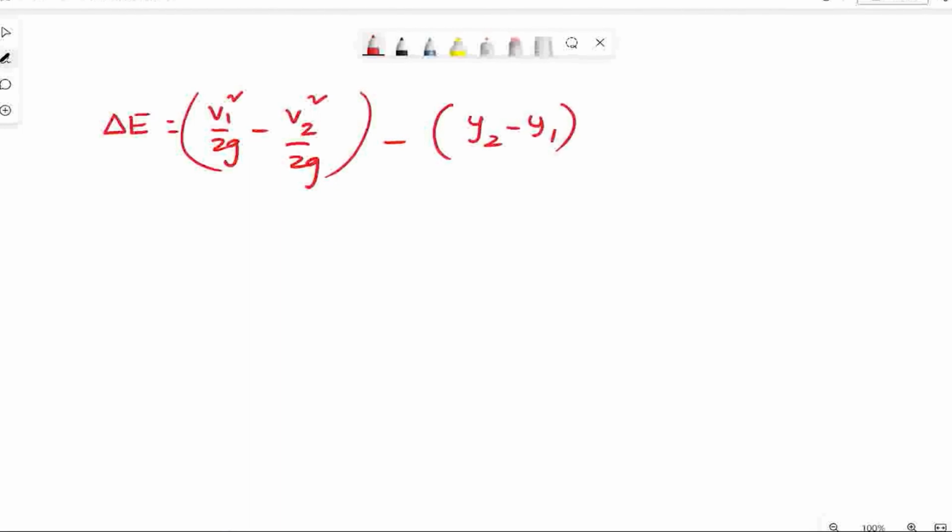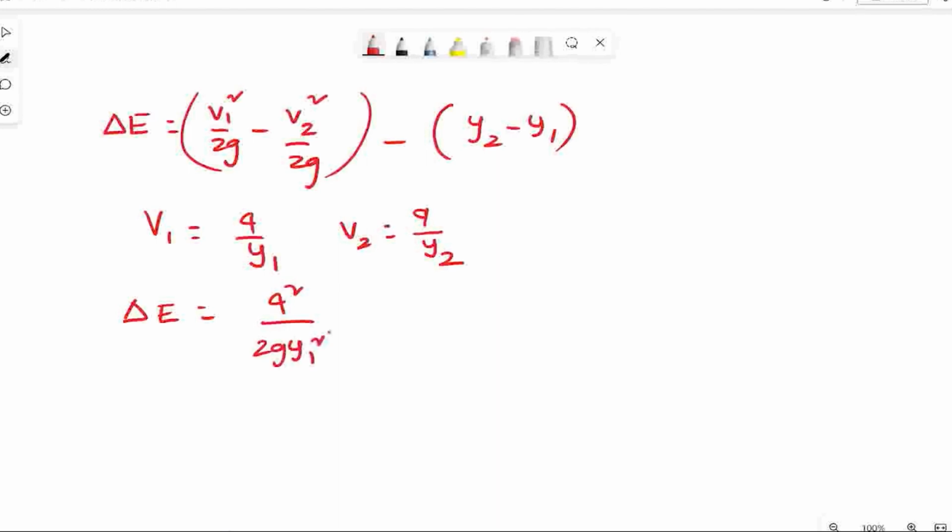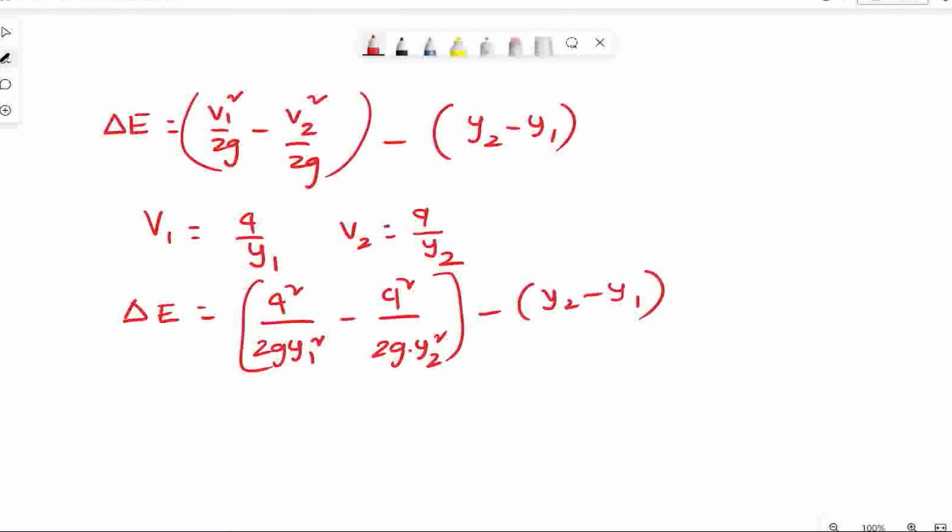Then this v1 can be replaced by q by y1 and V2 is equal to q by y2. So if I write, delta E is equal to q square by 2g y1 square minus q square by 2g y2 square, minus y2 minus y1. This is what we can write.